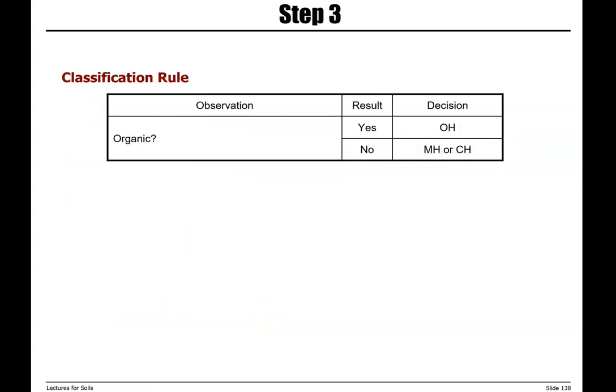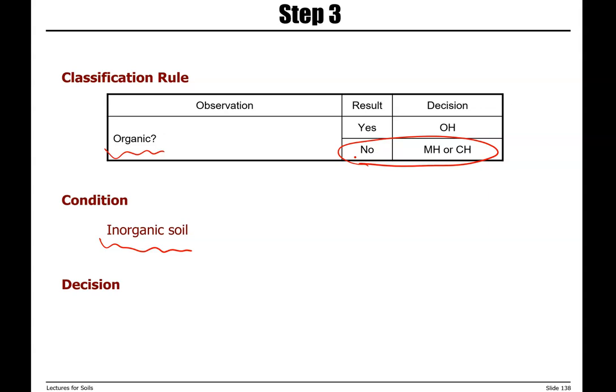Now in step 3, we need to answer the question, is this organic material? In the first slide of this example, we had inorganic soil, so the answer is no. And our options are silt with high plasticity or clay with high plasticity, which are also referred to as elastic silt or fat clay.